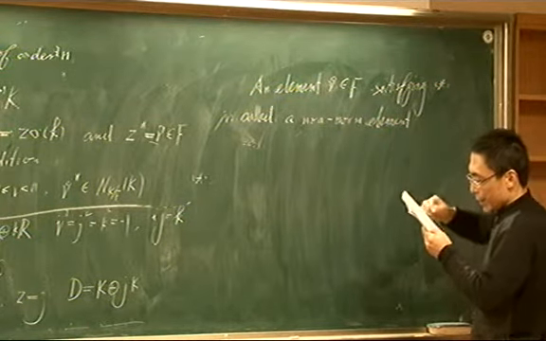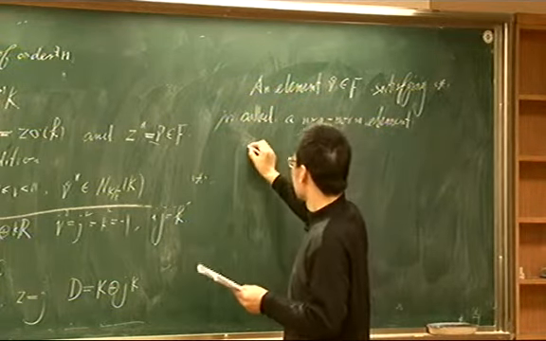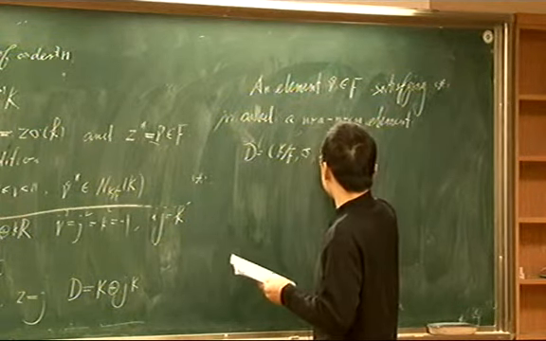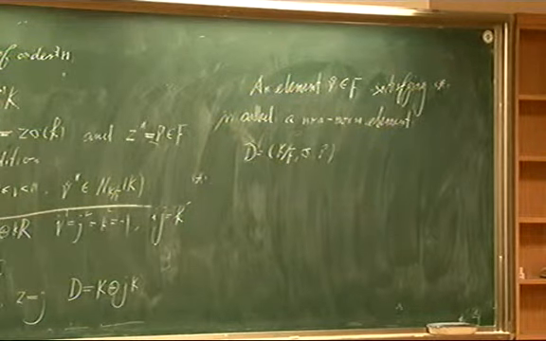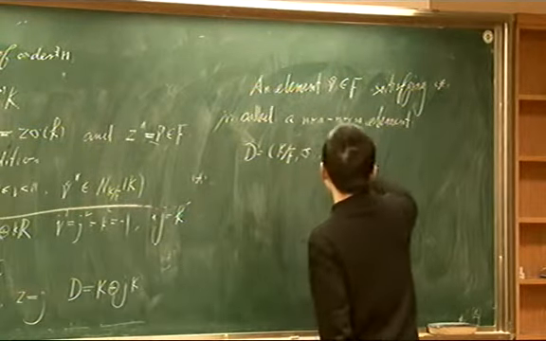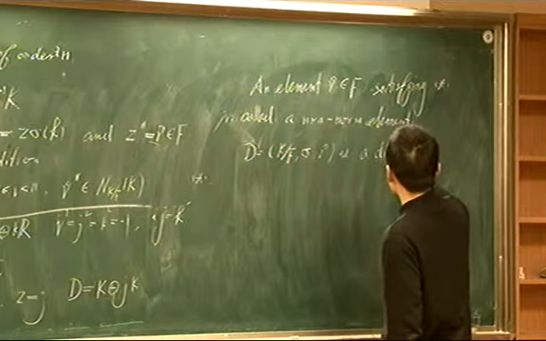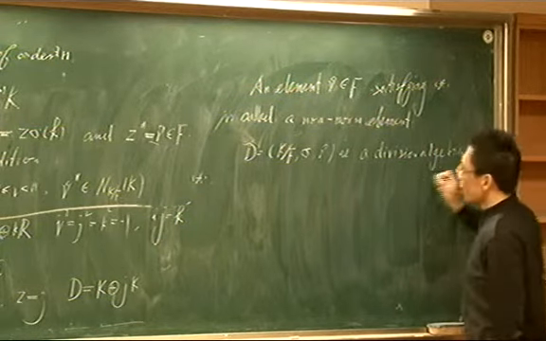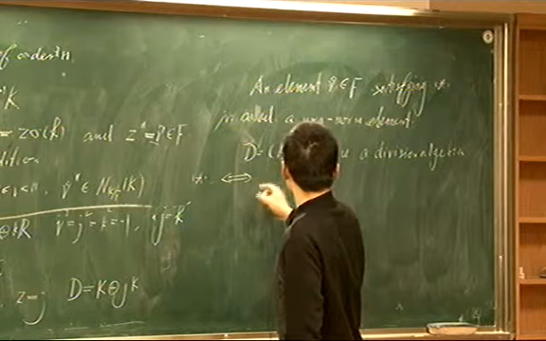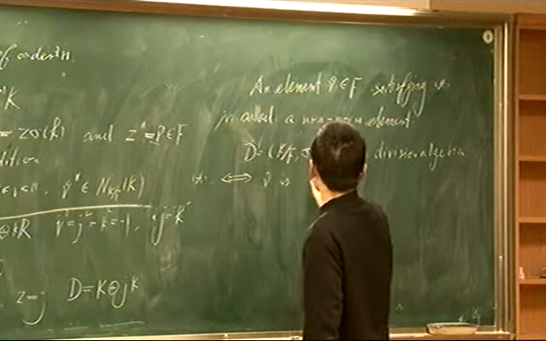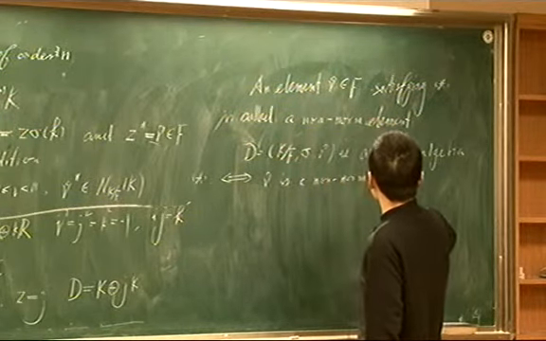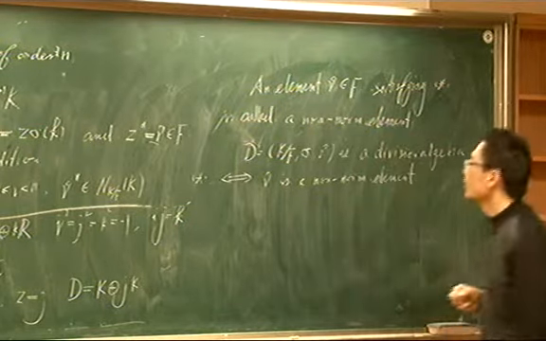D = (K/F, sigma, gamma) is a standard division algebra if and only if gamma is a normal element.